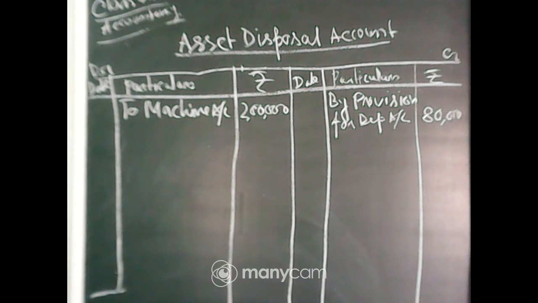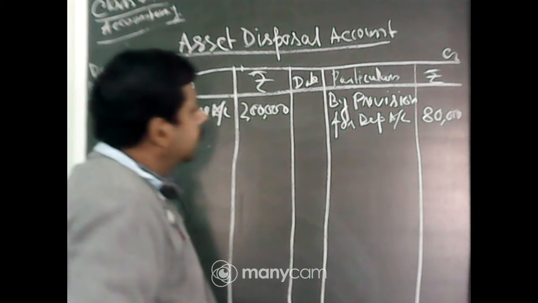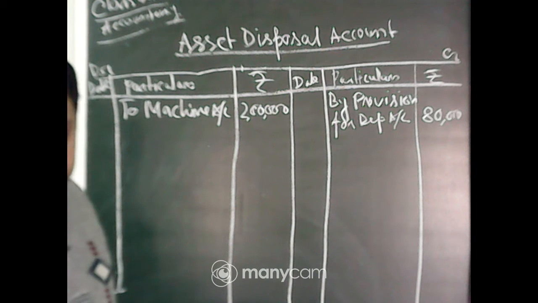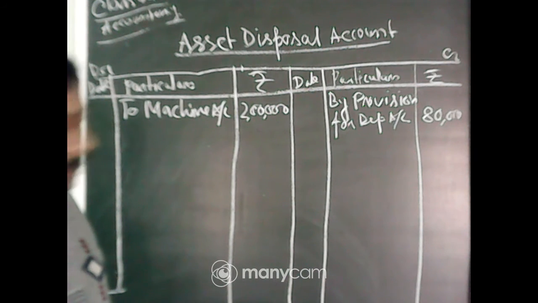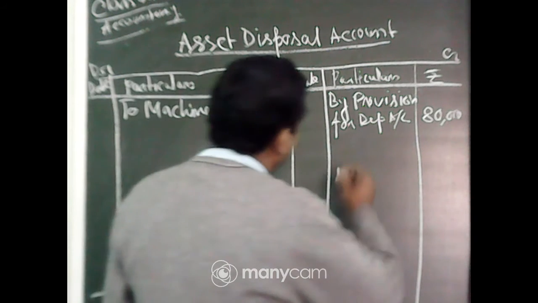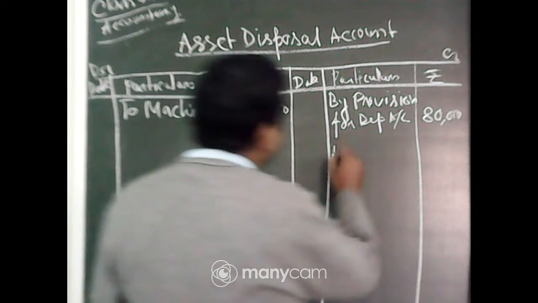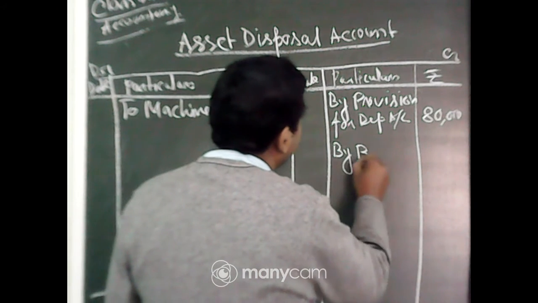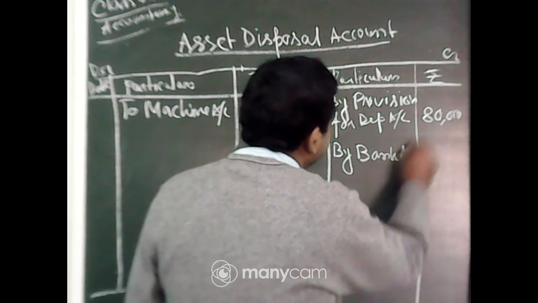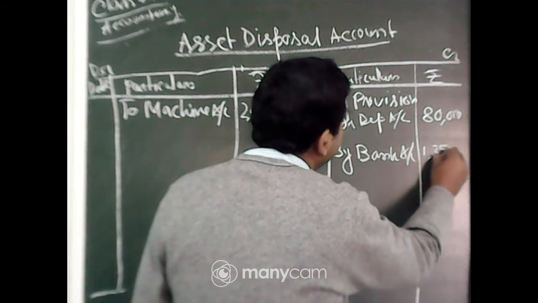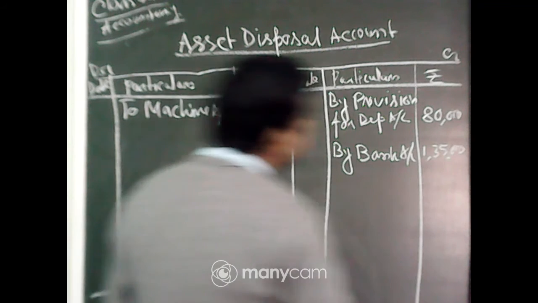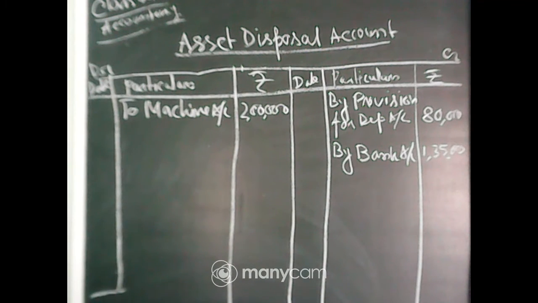Okay, bank account debit to asset disposal account, because when we are selling, we receive cash or bank, that is a real account that is receiving, and that comes in. Okay, so bank account debit to asset disposal account by bank 1,35,000. It is the selling value of the machinery, 1,35,000.